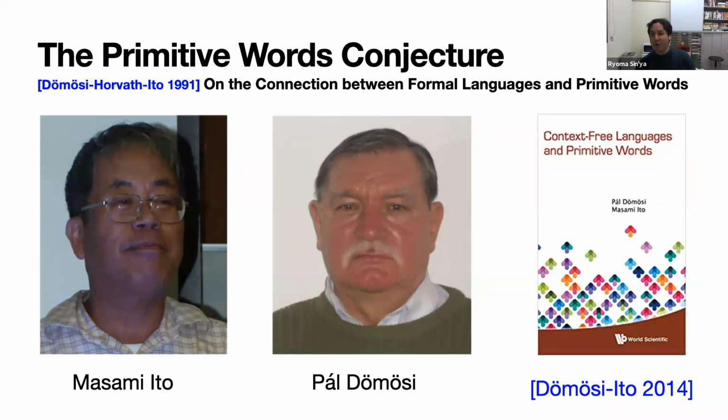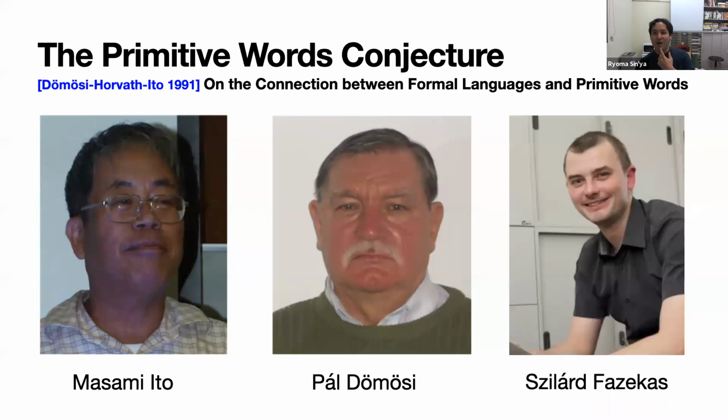Here I want to introduce one more person, who is Szilárd Fazekas sensei from Akita University. His supervisor was Pál Dömösi at the University of Debrecen, Hungary. He also studied with Ito sensei, Masami Ito, as a postdoc researcher at Kyoto Sangyo University.